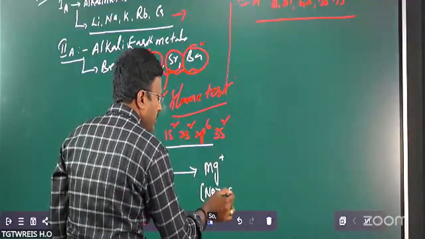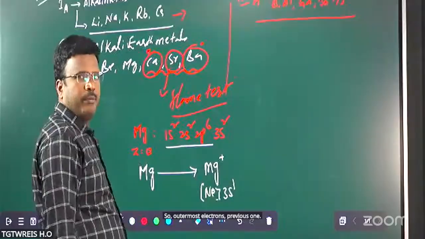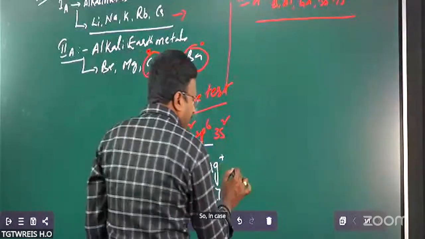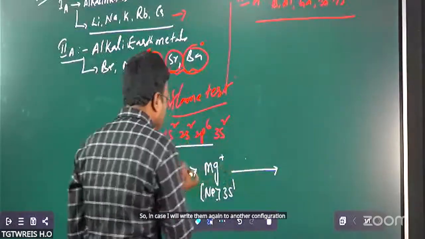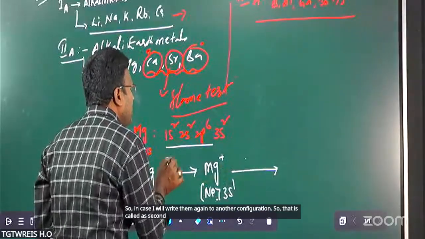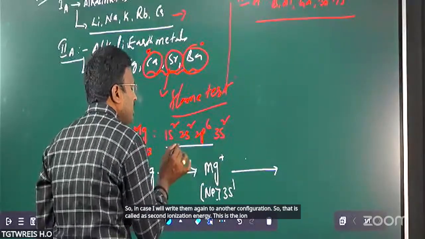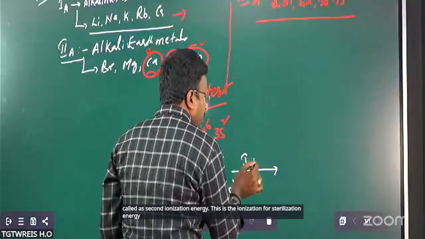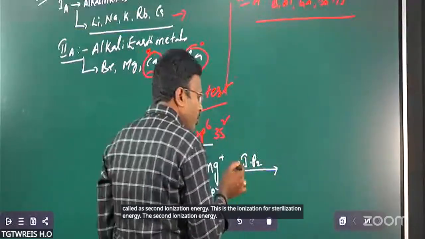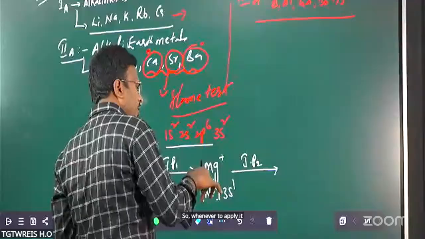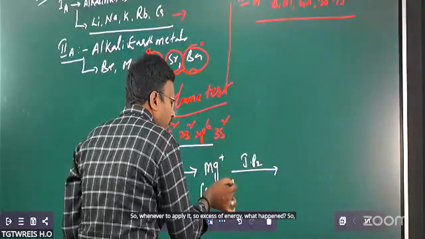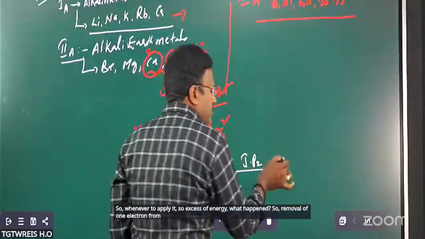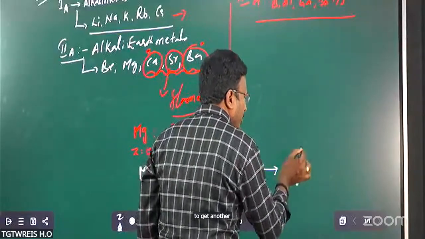If you remove again, that is called the second ionization energy. This is the first ionization energy, then the second ionization energy. Whenever excess energy is applied, removal of one electron from the Mg plus ion gives another charge, Mg2 plus.